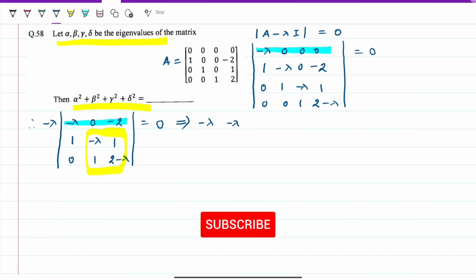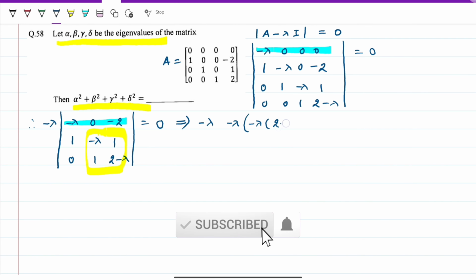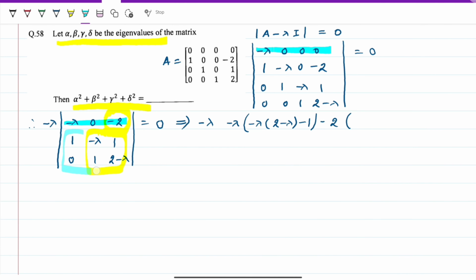So it is going to be negative lambda, 2 minus lambda minus 1, and then we have the number negative 2 here. So this is going to be negative 2 and the corresponding minor which is this. So we have 2 times 1. This is equal to 0.